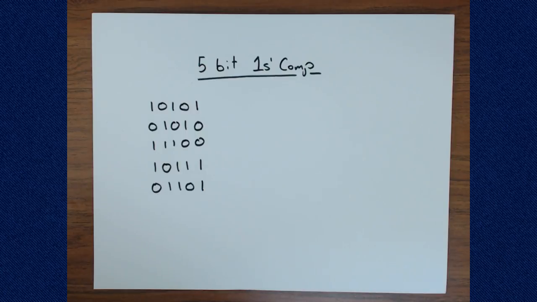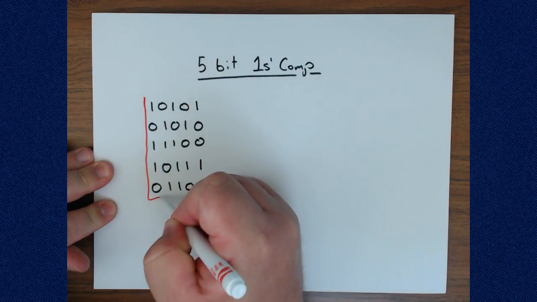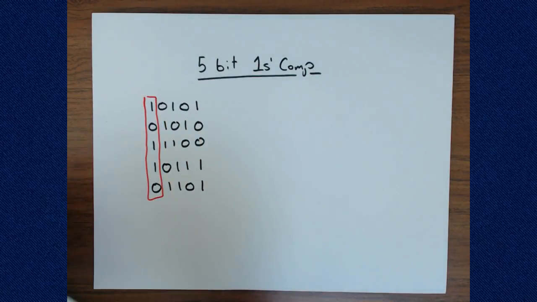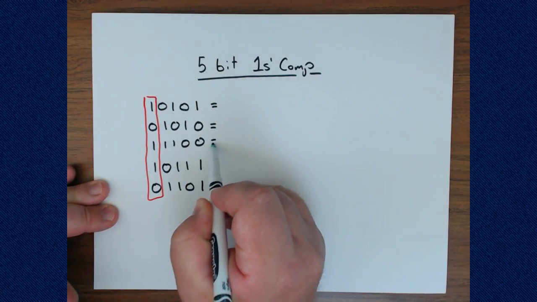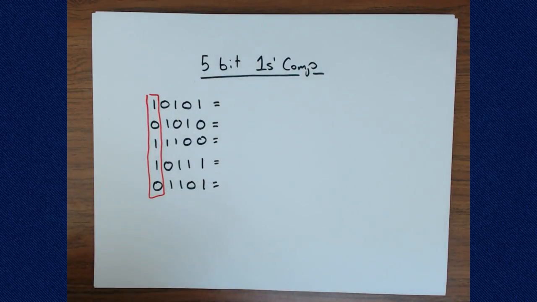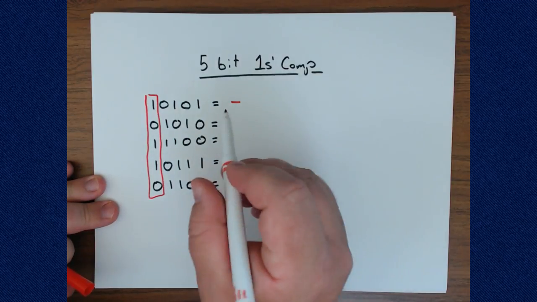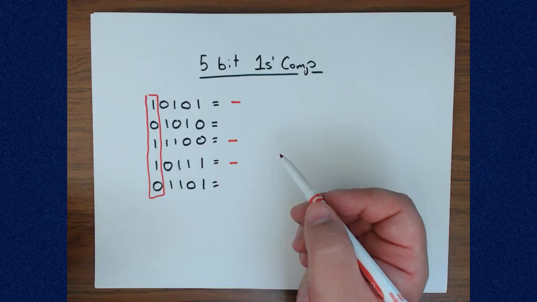Now, recall, we can immediately identify the sign of the values these represent based on that high order bit, the sign bit. So we predetermine that each of these that starts with a 1 is going to be a negative number. Negative here, negative here, negative here.